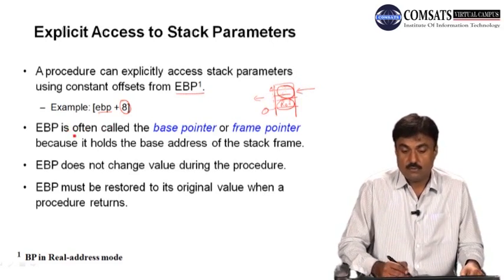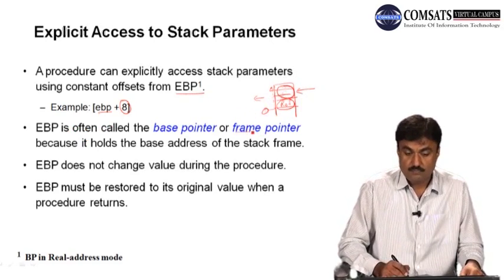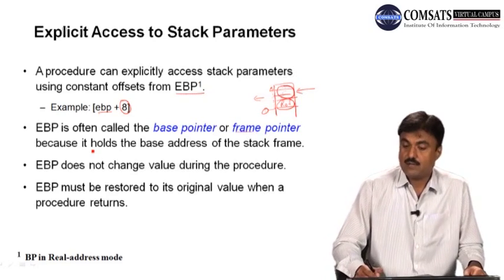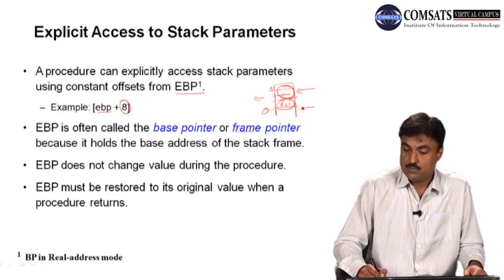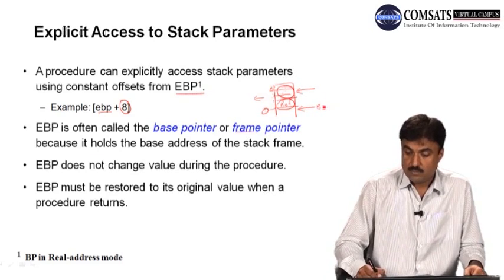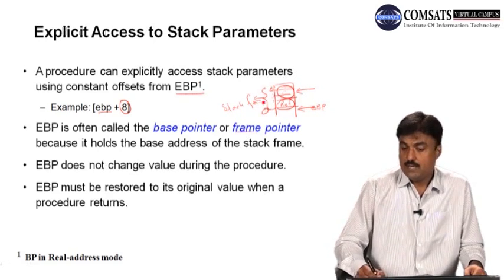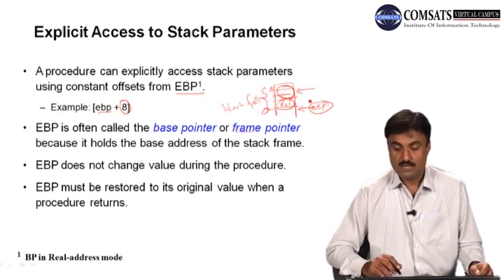EBP is often called the base pointer or the frame pointer because it holds the base address of the stack frame. So this base address is stored inside the base pointer, and this whole area is called the stack frame. Now EBP holds the base address.